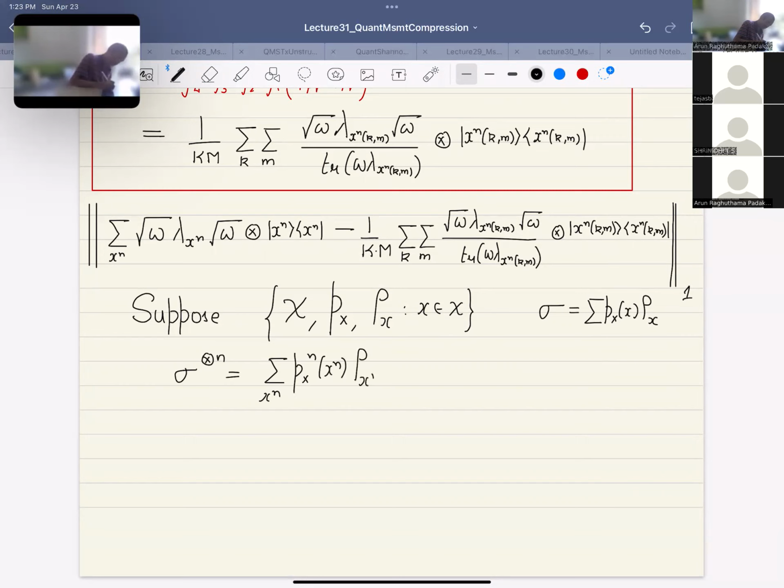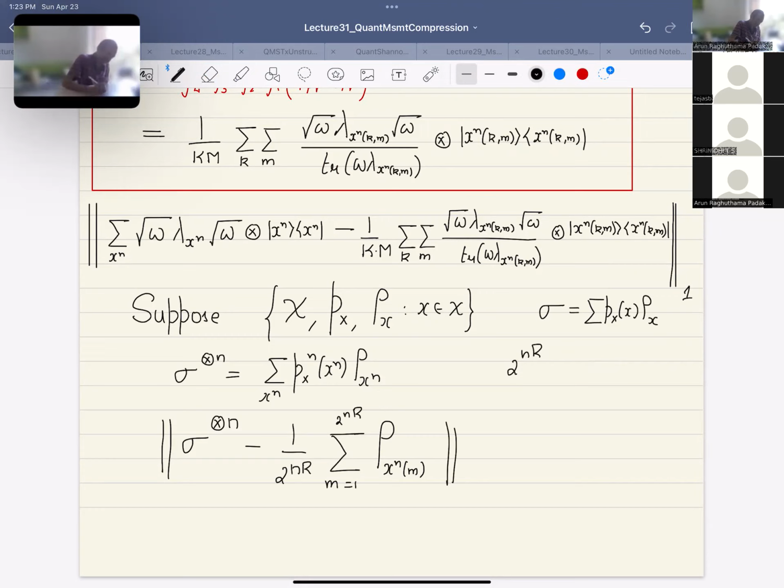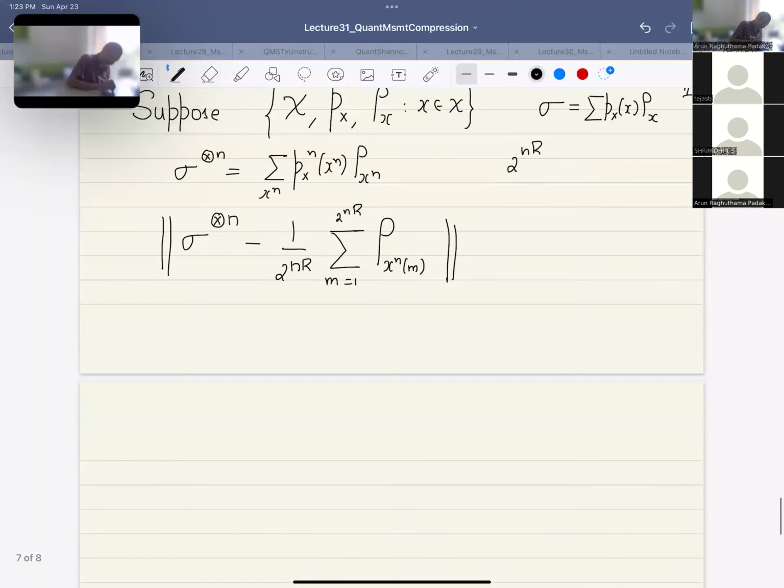But I need a huge number of states for this. And so what I do is, I know if I take some 2 power nr states, instead of taking all the rho xn's, I'm going to take only some collection. And I'm going to just mix over that collection. So rho xn of m, m equal to 1 through 2 power nr. Suppose I mix only these guys, then this is really small. It's almost very small.